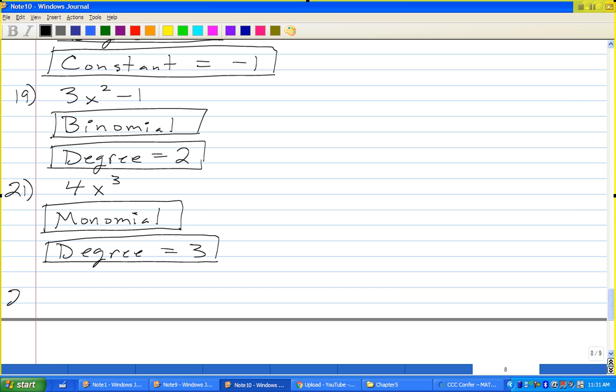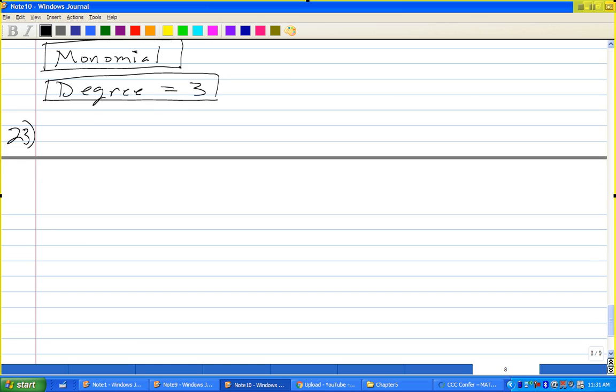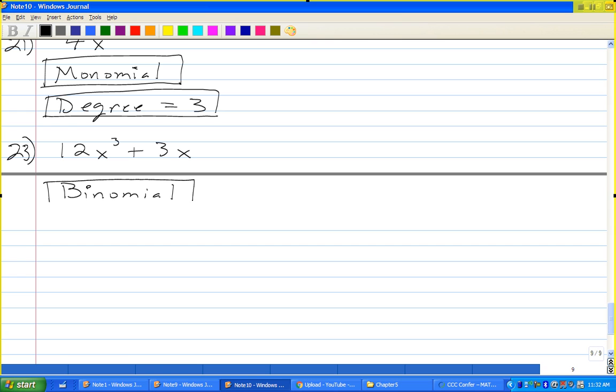Let me do problem number 23. 12x cubed plus 3x. There are two terms, so this is a binomial. The degree of this polynomial is 3. So this is a cubic polynomial.